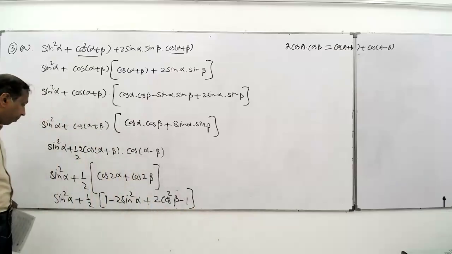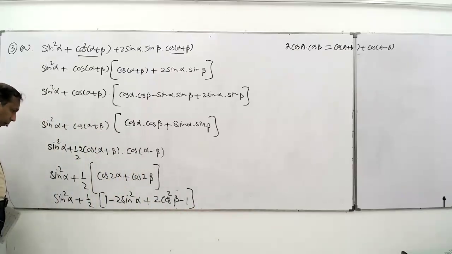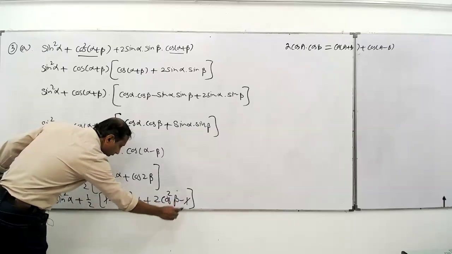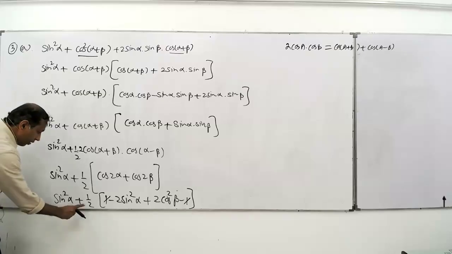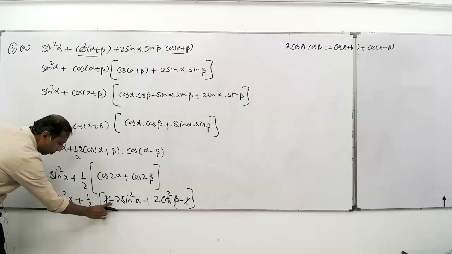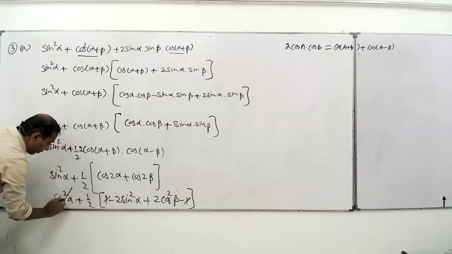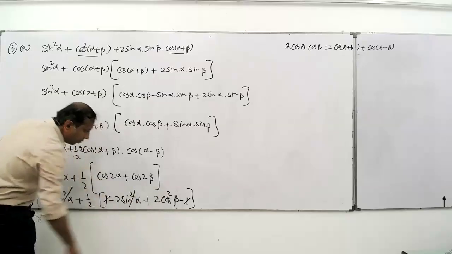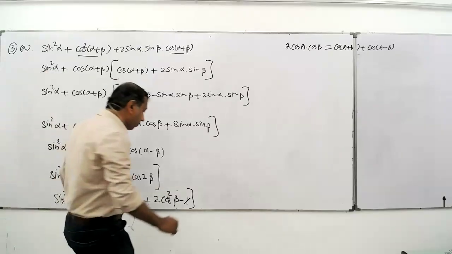See what will happen there? This minus 1 you can cancel down. Here once I multiply this half with this 2, the 2 and half cancel down, and plus and minus sin squared alpha cancel out. This half and this 2, when you multiply, we get only cos squared beta. This is how we get that answer.